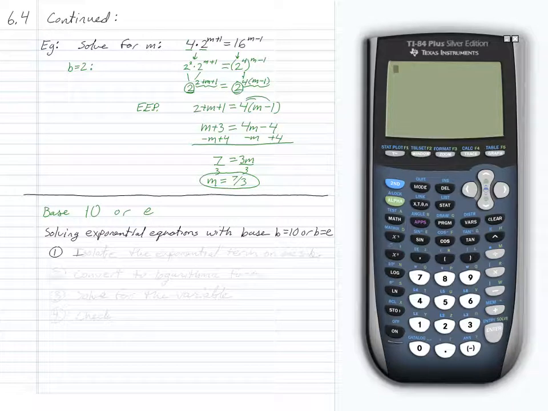We begin by isolating the exponential term on one side of the equation. If there's more than one exponential term, we need to combine them in some way. We can then convert our equation to log form.